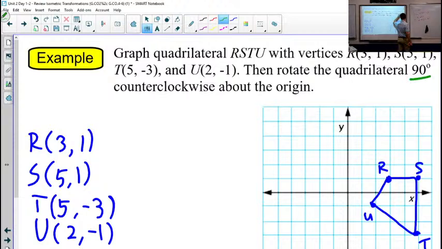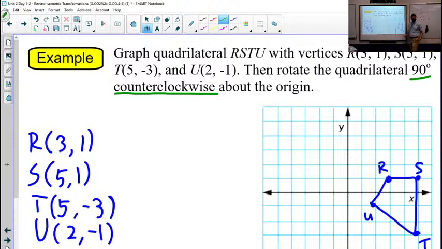And we are rotating 90 degrees counterclockwise. So 90 degrees counterclockwise, we're going the opposite direction of the clock. So right now the shape is at about 3 o'clock. So if we rotate it counterclockwise, it should wind up around 12 o'clock, going the opposite direction that the clock would go.